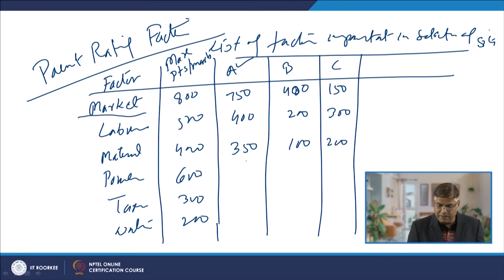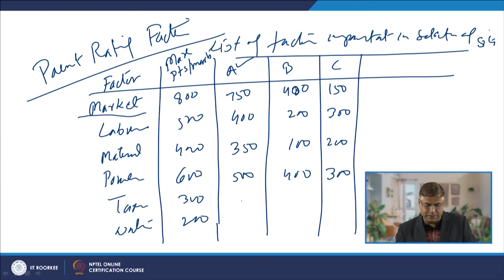If power availability is very good for site A, it will be rated say 500, and if moderate, it will be rated say 400 for site B, and if availability is very problematic for C, it will be rated say 300. Taxation is a very adverse point.